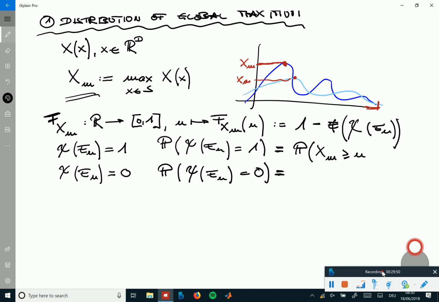So if the Euler characteristic is 1, that means there is still one cluster in the excursion set, and this means, because this must be the global maximum, that the global maximum must be larger than the threshold. I mean, it's not that hard to imagine. And then, of course, the probability that the Euler characteristic is 0 is, in terms of the global maximum, equivalent to what?